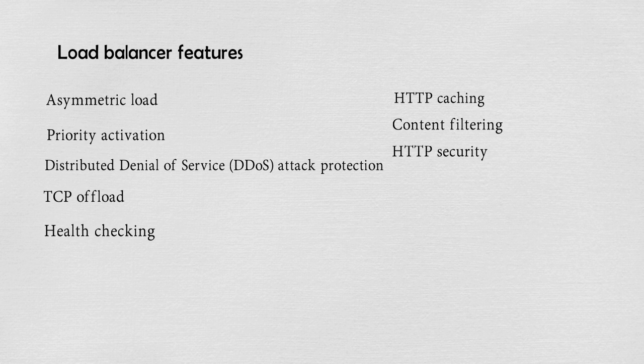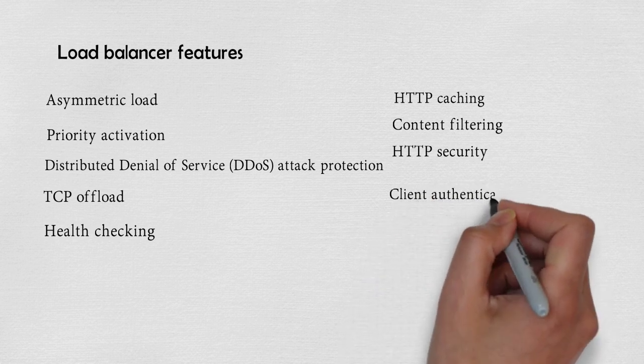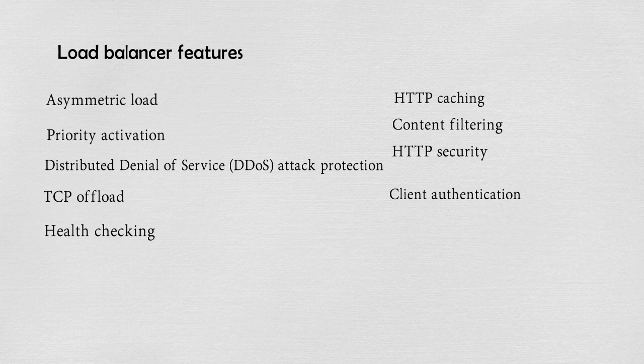Next feature is HTTP security. Some balancers can hide HTTP error pages, remove server identification headers from the HTTP response, and encrypt cookies so that the end user cannot manipulate them. Next feature is client authentication.